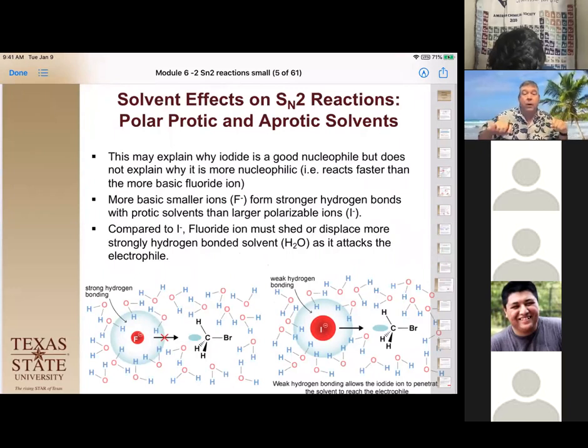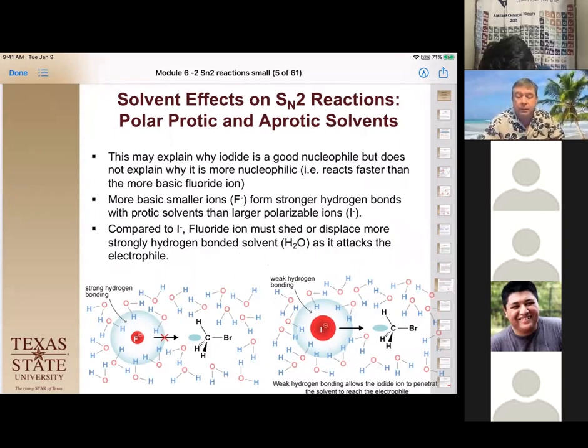So fluoride has to actually break hydrogen bonds to act as a nucleophile. So in the case of protic solvents, the larger, fluffier ions actually are more nucleophilic, okay? Even though the fluoride ion is the more basic.